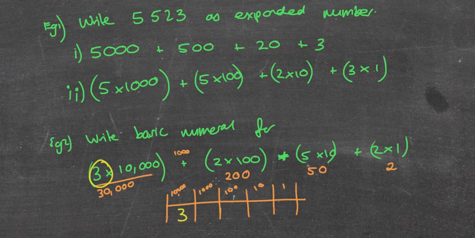How many lots of 1,000 do I have? Well, I've got 0. I've got none of those. How many hundreds? I've got 2 of those. How many tens? Well, I've got 5 of those. And how many 1s have I got? I've got 2 of those. So we now make the number 30,252. So that's another style of question that we can be asked.